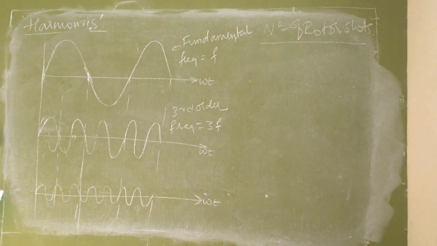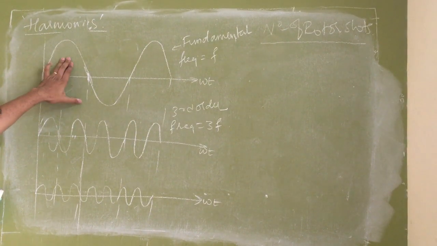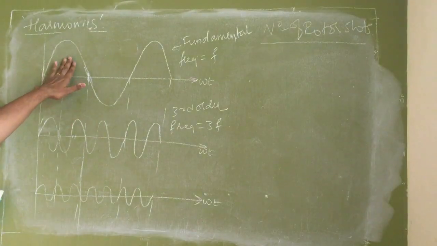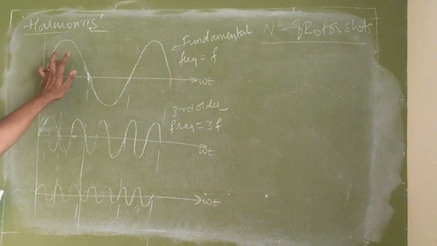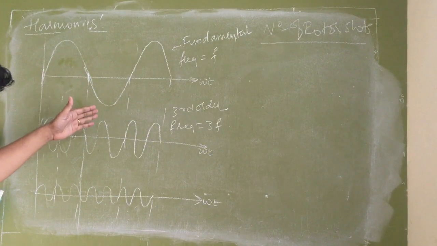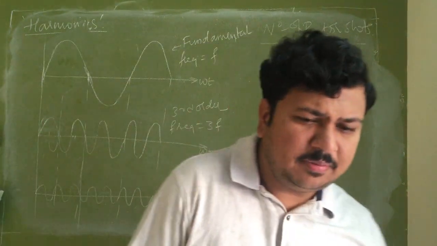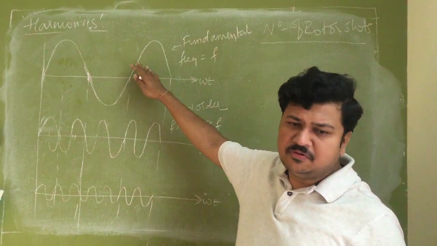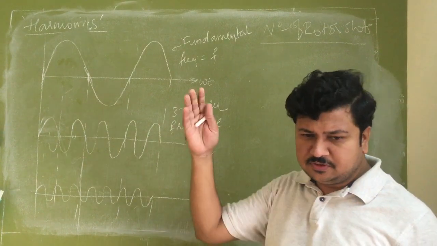If there is harmonic in the stator winding, suppose this is the fundamental wave of voltage or current. This fundamental current wave, of frequency f, is affected by harmonics: 3f, 5f, 7f, and so on.